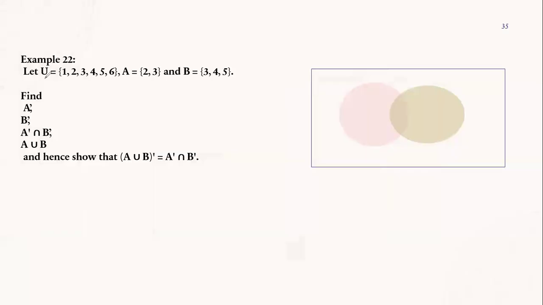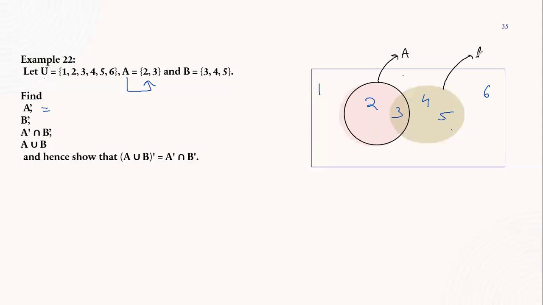So the universal set contains 1, 2, 3, 4, 5, 6 and A contains 2, 3, B contains 3, 4 and 5. Find A complement. A complement means leaving A. So be very careful here, because A will be this and this is B. So what does A complement contain?